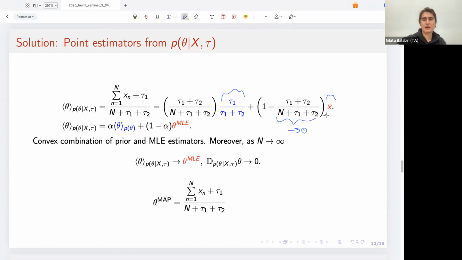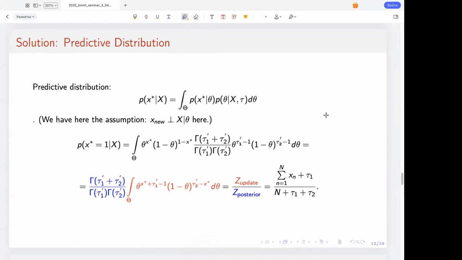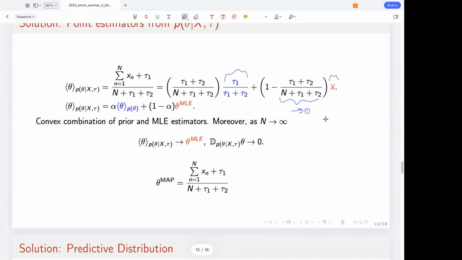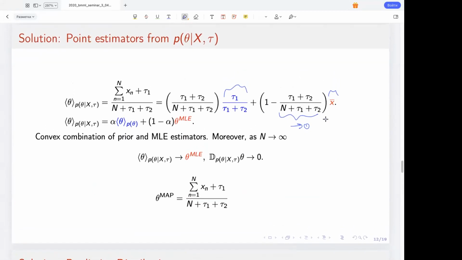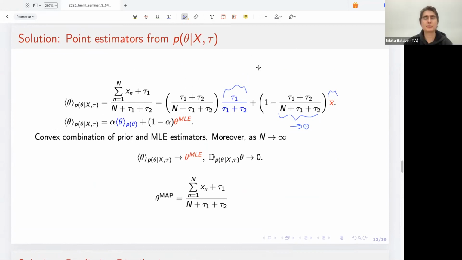Yes. And the last one is the predictive distribution. Before we go to the predictive distribution, in the task we also had to derive the mode of the posterior distribution, right? Or no, MAP, the maximum posterior.